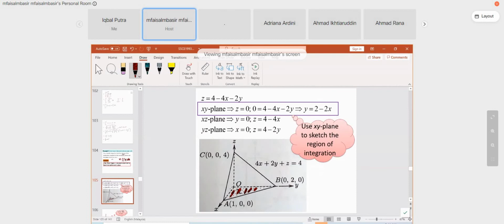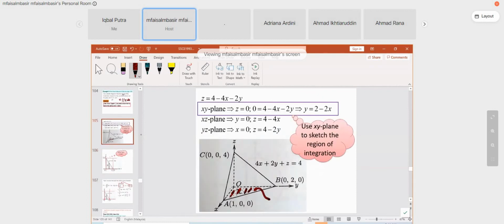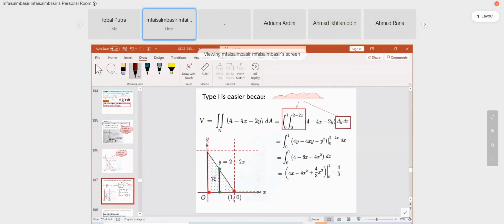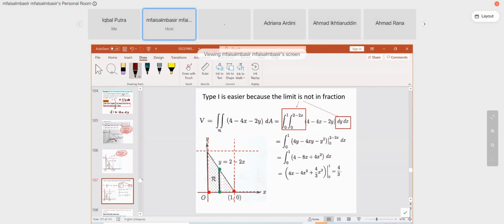Then if I take this and draw this, and use the formula, z will be this here. What is your z? 4 minus 4x plus 2y. You put it here.